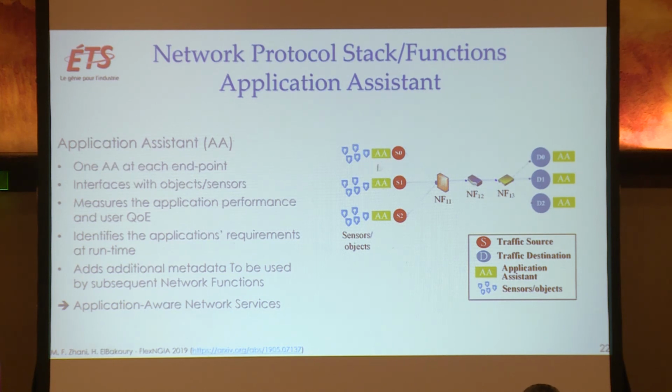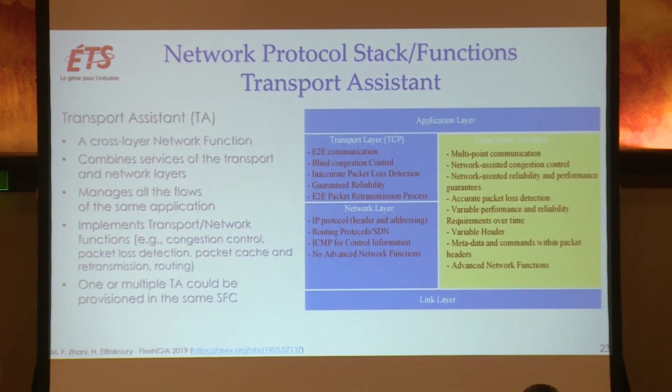As you can notice here, we have an application assistant at each of the endpoints, and this is basically the first network function that the traffic will hit. You can see it as a translator. It will receive traffic from the sensors and translate all that's coming into a requirement to be sent through the chain. So this is the first particular network function that we define.